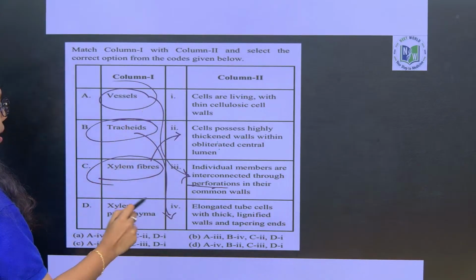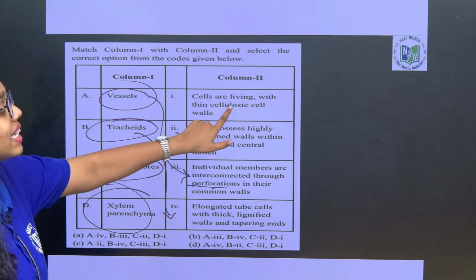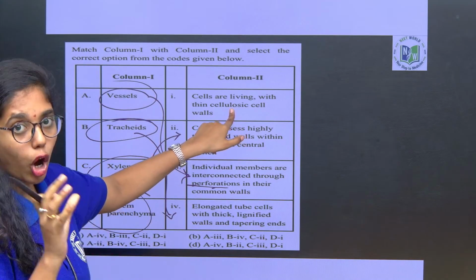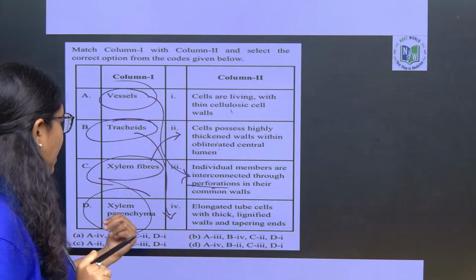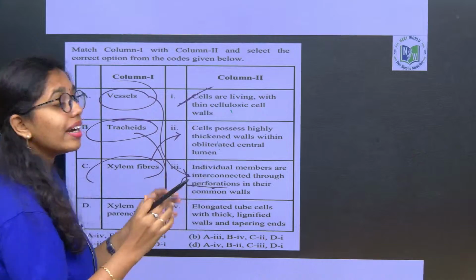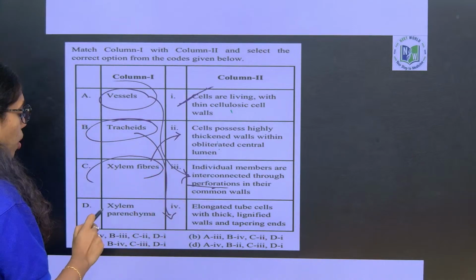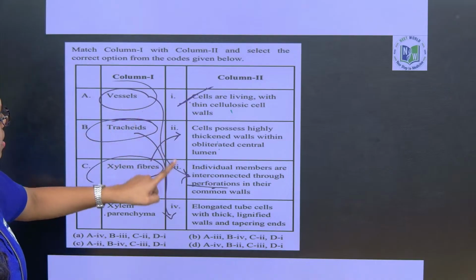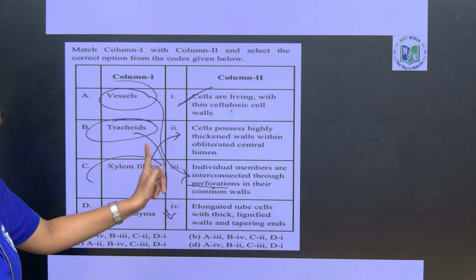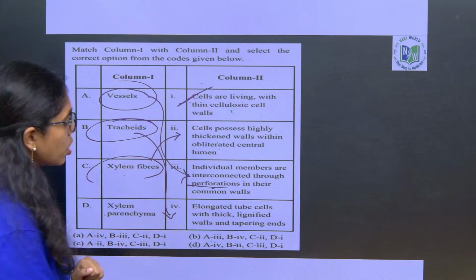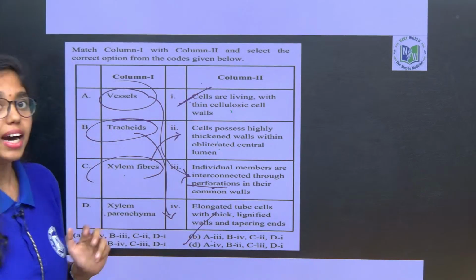Xylem parenchyma cells are the only living tissue in the xylem, having cellulosic, thin cell walls, that is option 1. So A is 3, B is 4, C is 2 and D is 1. Option B will be the correct answer.